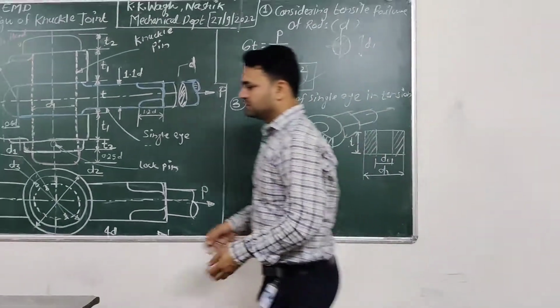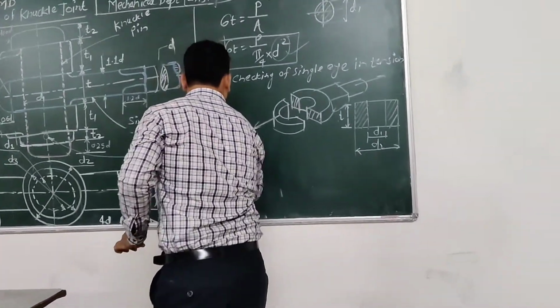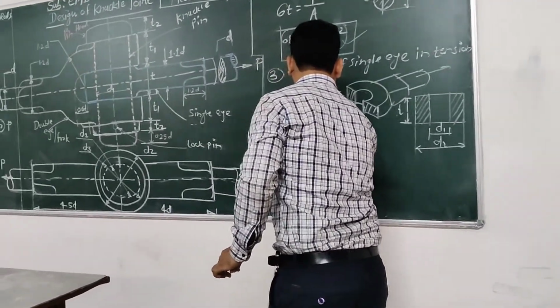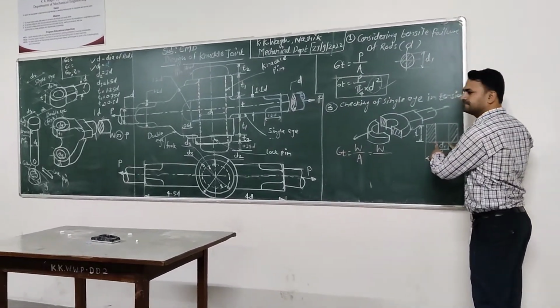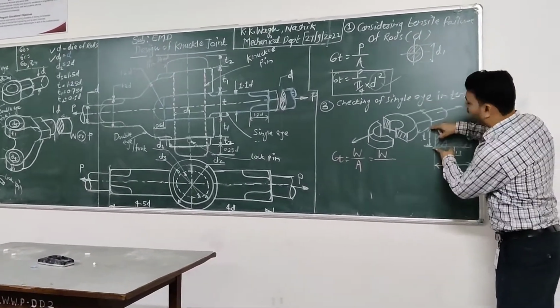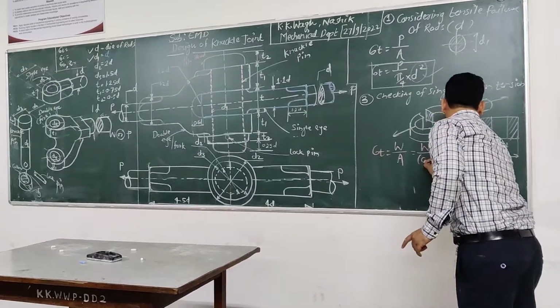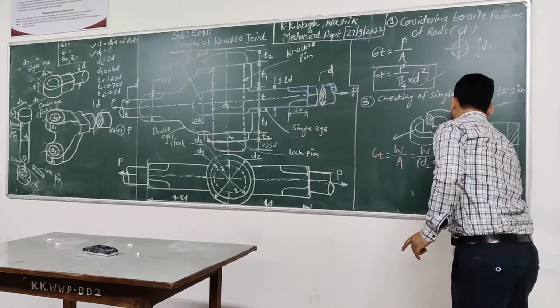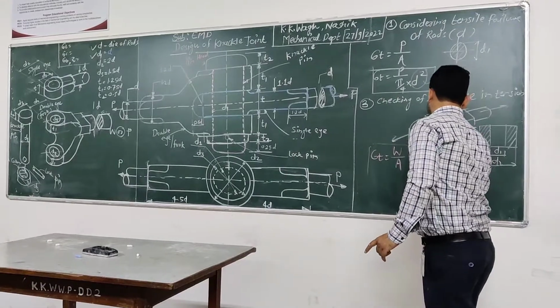Tensile failure. So considering tensile failure, sigma t is equal to load per unit area. Here the cutting portion is d2 minus d1 multiplied by t. It's a rectangular one. So sigma t equals W divided by (d2 minus d1) times t.